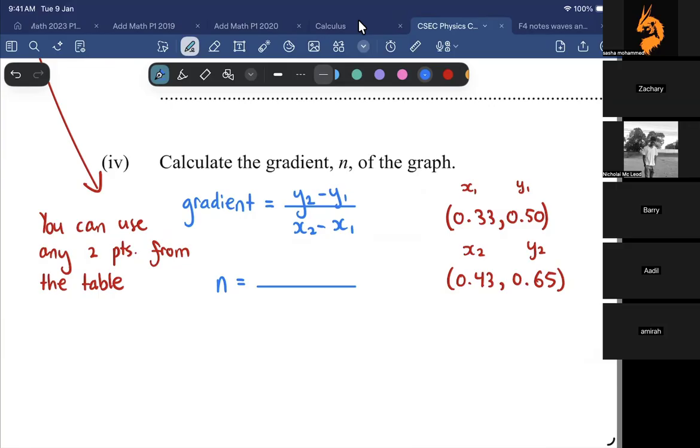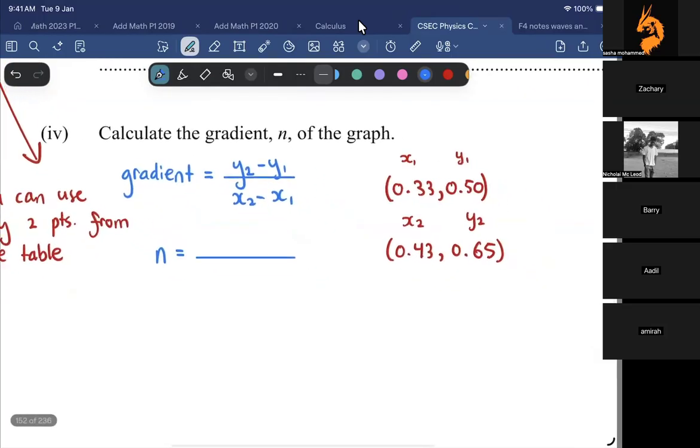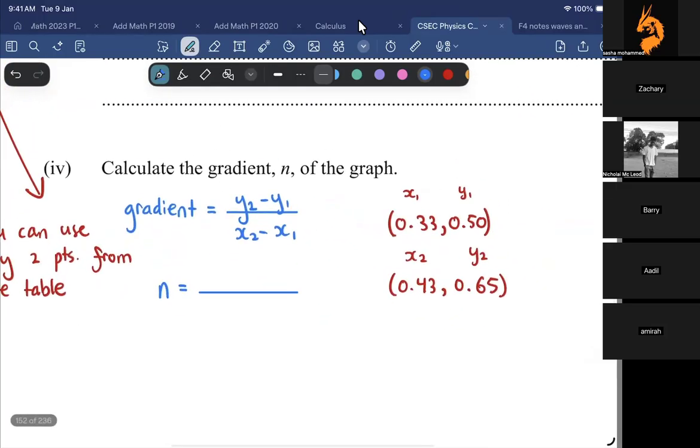This is not hard, but watch. We find a gradient. We already picked 2 points for the gradient. You just had to tell me the values. You just had to substitute: 0.65 minus 0.50 over 0.43 minus 0.33.